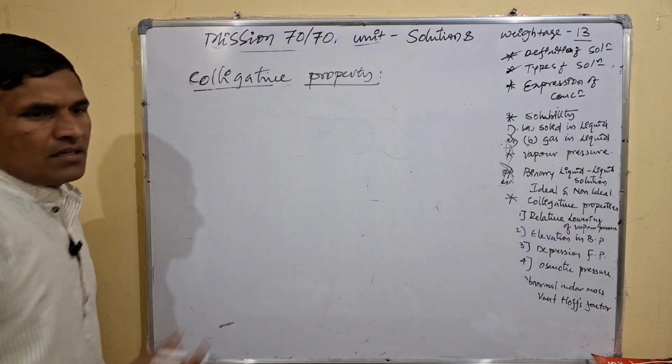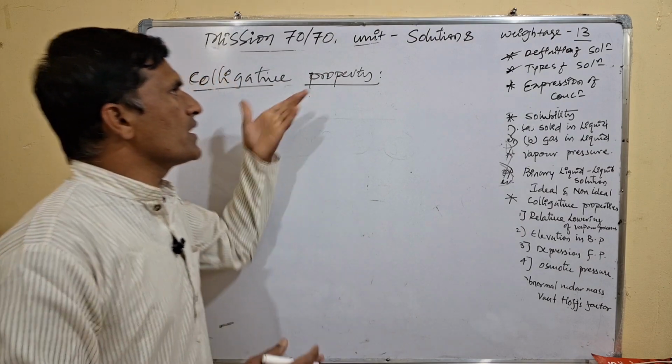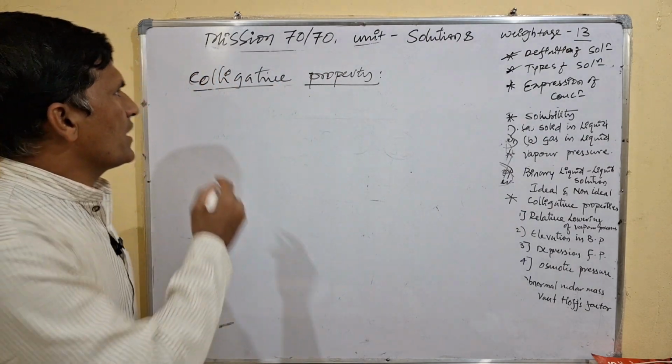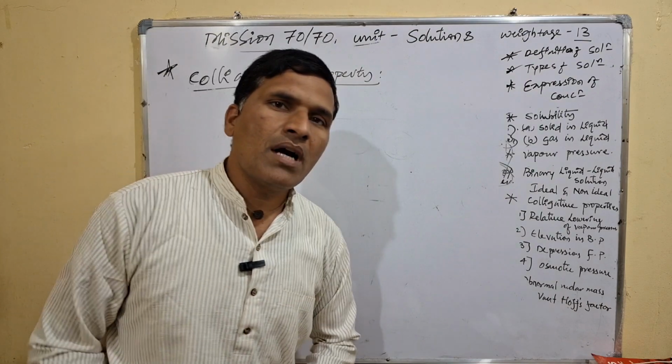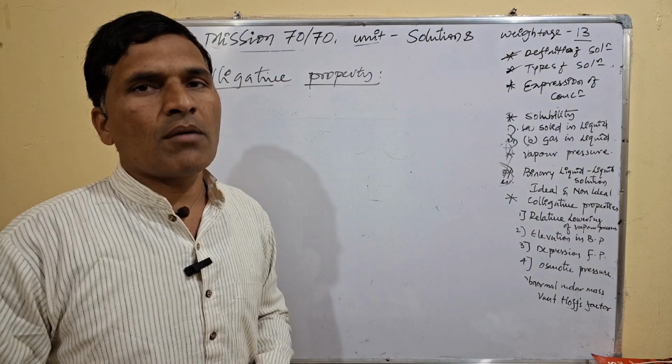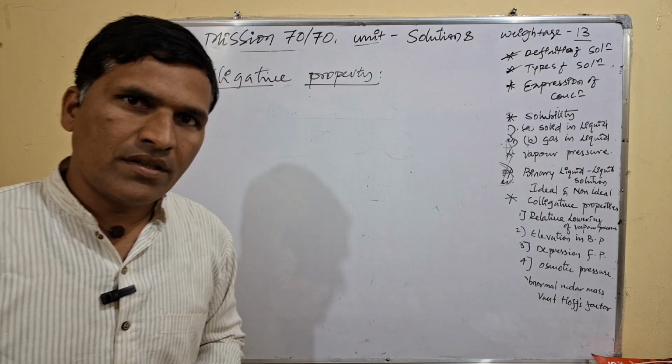Next important topic on which we expect more questions is colligative properties. Okay, so it is very important. Definitely one question will be there on this, at least for 3 marks. Either you will get numerical problem or you will get some theory question on this, right?